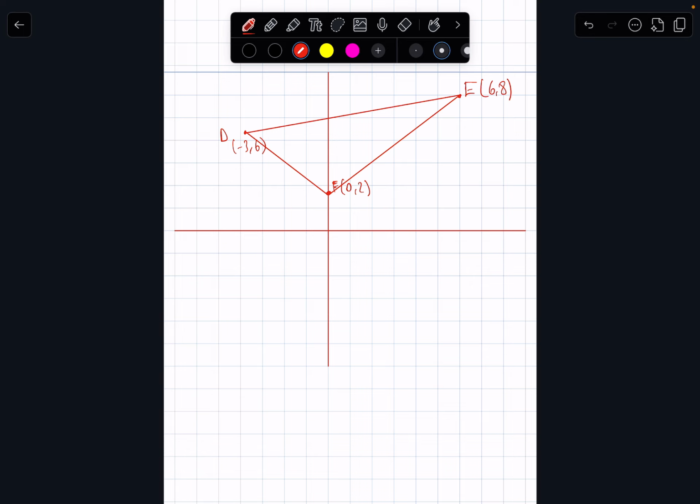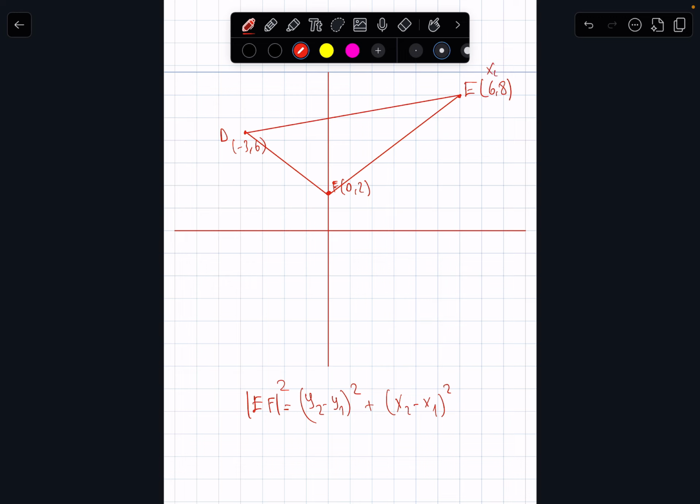So let's start with EF, okay, is equal to, how can we find it? Y2 minus Y1 square plus X2 minus X1 square. So if it has a higher number, then I'm gonna say Y2 and X2, okay?